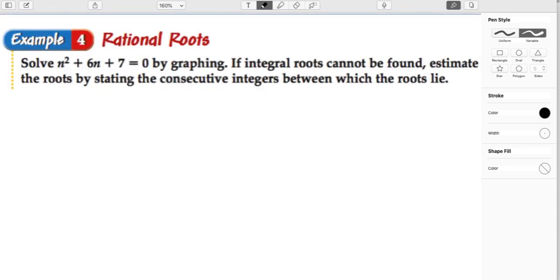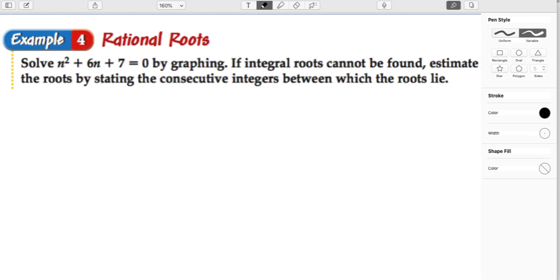So here in this example, it's titled rational roots, and sometimes our roots won't be double roots that are nice and perfect, or two nice different roots, or even the idea of not having any roots at all. Sometimes we'll get roots that are kind of hard to distinguish, and they're called rational roots.